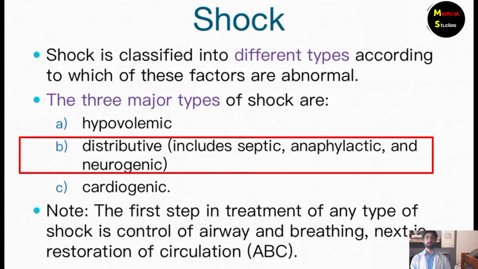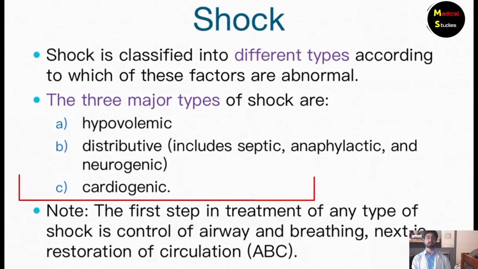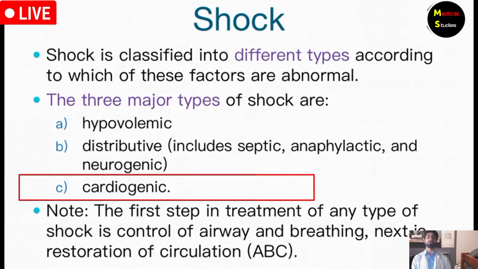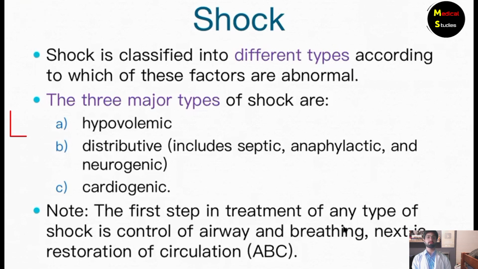It is not present in the main arterial system, and that can result in decreased tissue perfusion. So distributive shock is a shock of dilation, and its types are septic shock, anaphylactic shock, and neurogenic shock. Understand everyone? Cardiogenic shock is associated with your heart problems. That's why it is known as cardiogenic. And hypovolemic is decreased blood volume.